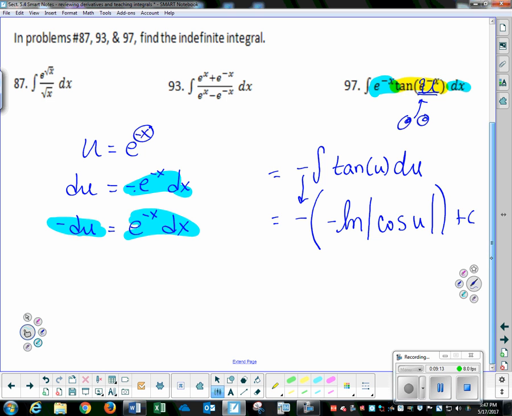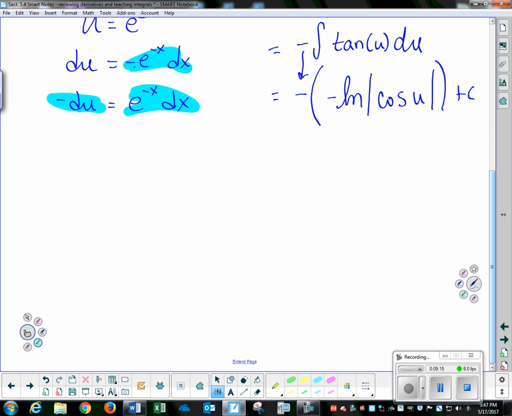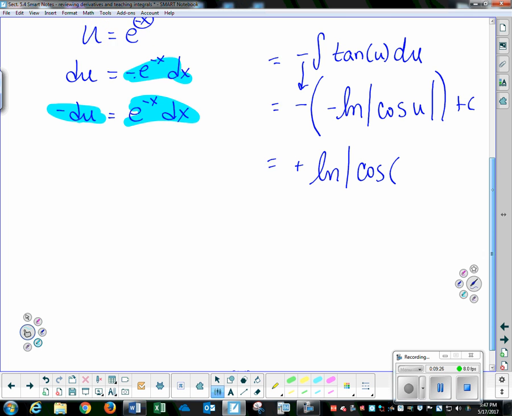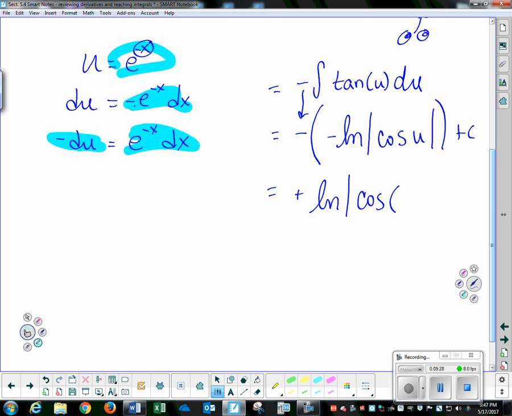And maybe you don't remember that, but look back in your notes and you're going to see that oddball one, the integral of tan. Negative makes positive, so we are positive natural log absolute value cosine. Switch out the u. What was u originally? U was this e to the negative x plus c. And we are done. That is your answer.